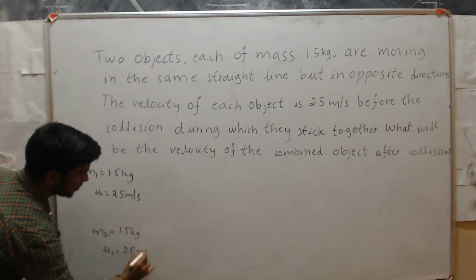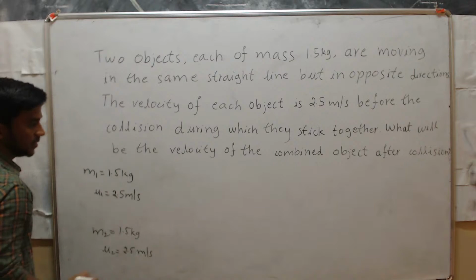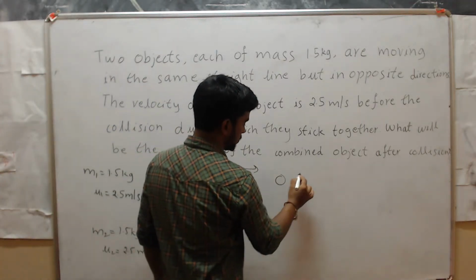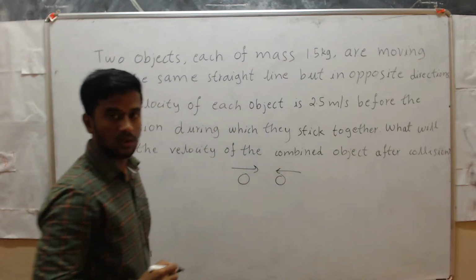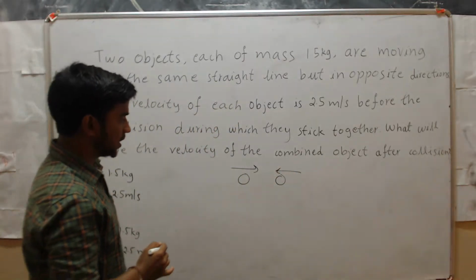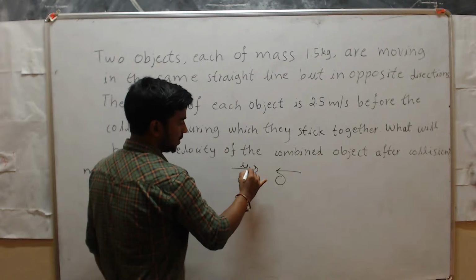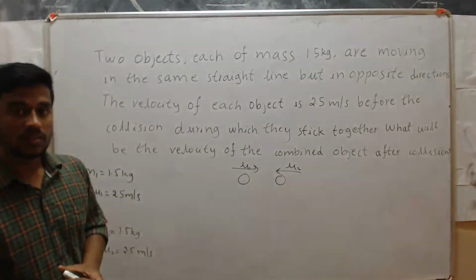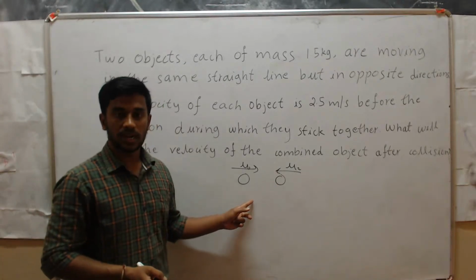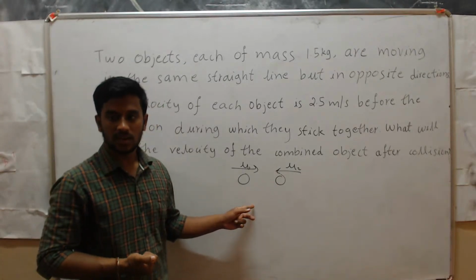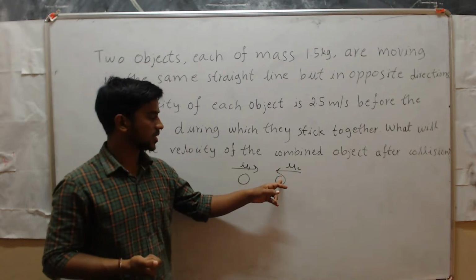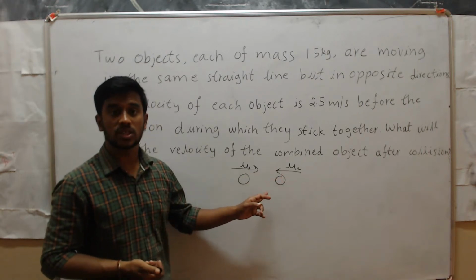Okay, so just imagine one object is moving in this direction, another object is moving in this direction. If you take velocity as U1, then here you take velocity as U2. But see, both are opposite, right? So this object is moving in the opposite direction.